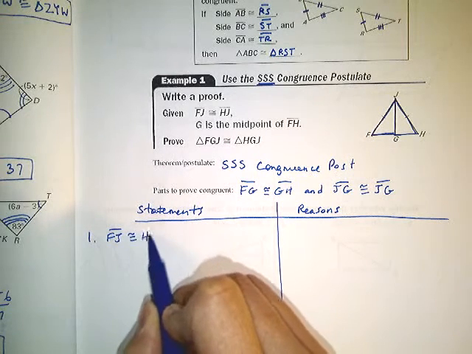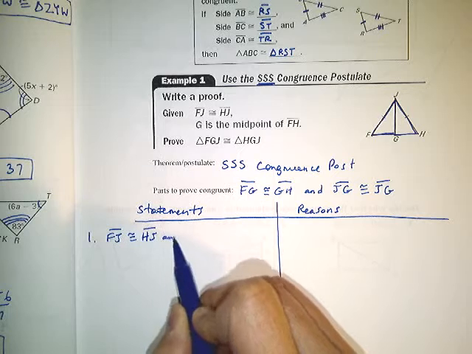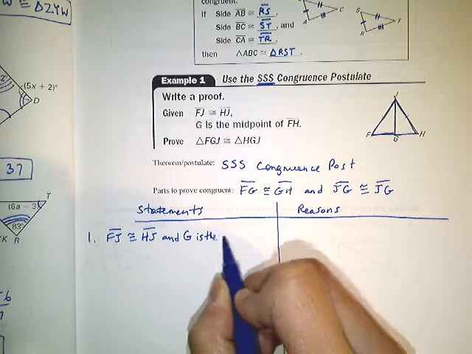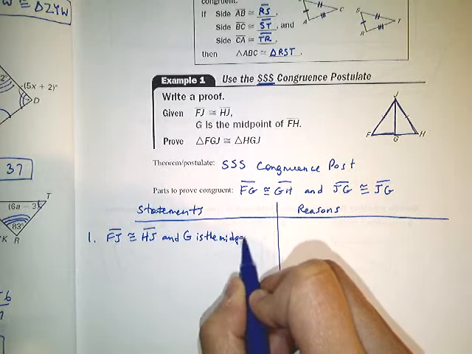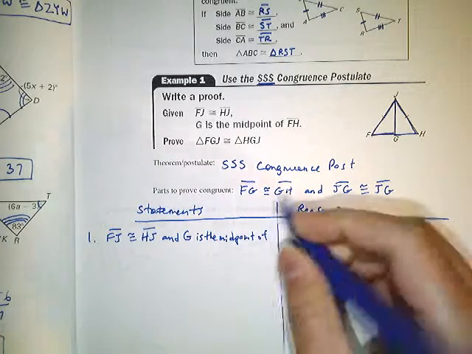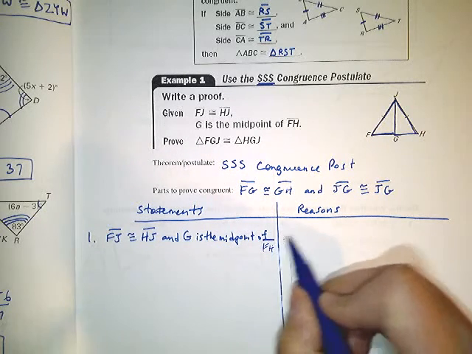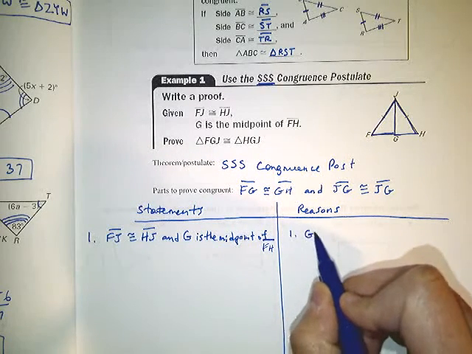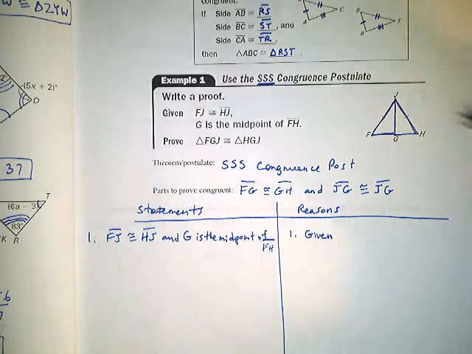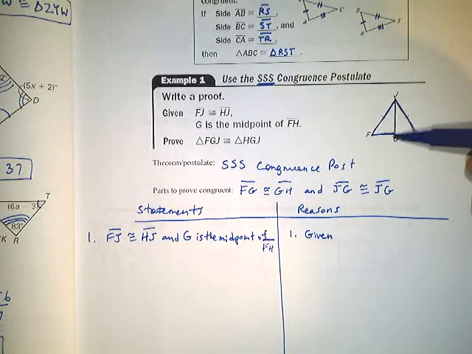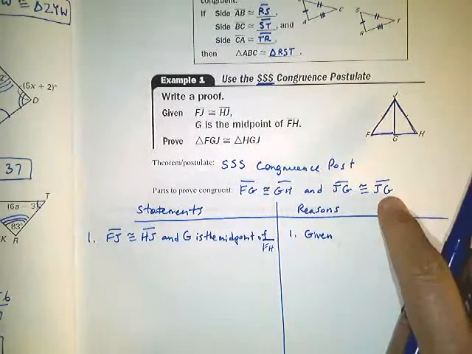FJ is congruent to HJ, and G is the midpoint of FH. So how do I prove, these are the things I want to prove, how do I prove that JG is congruent to JG, that's this one?